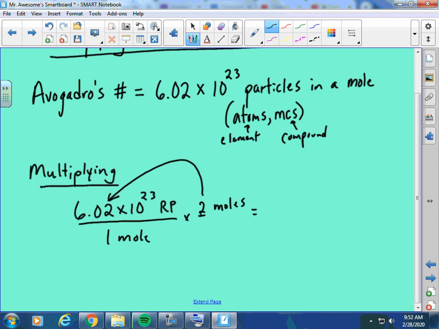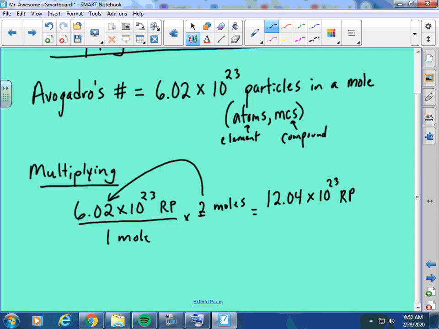So it's 12.04. But we're not done because 6.02 times 10 to the 23rd is a huge number, right? So after I multiply the normal parts of the two numbers, I just put that times 10 to the 23rd on the end. And then I still have RPs, representative particles. Pretty easy, right?